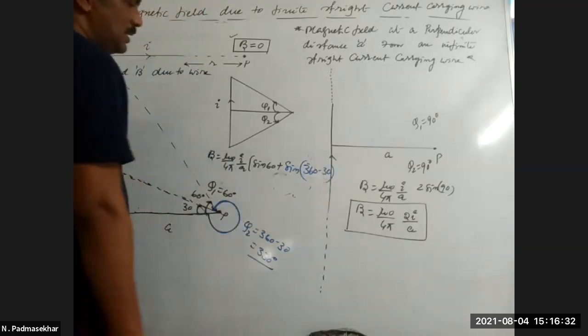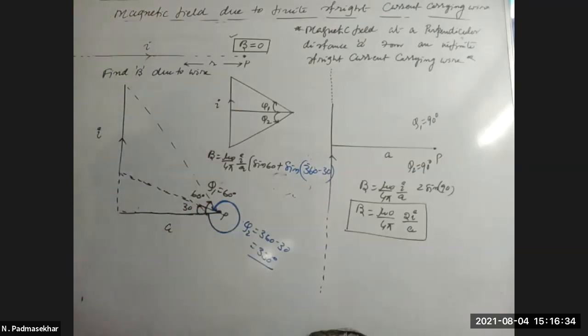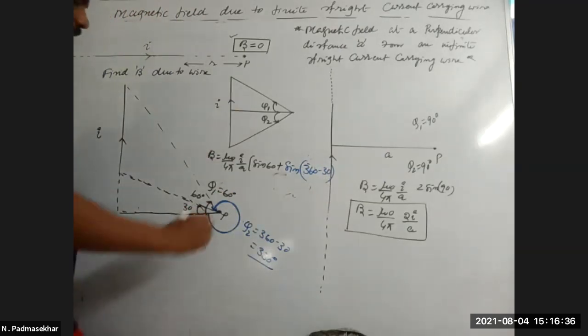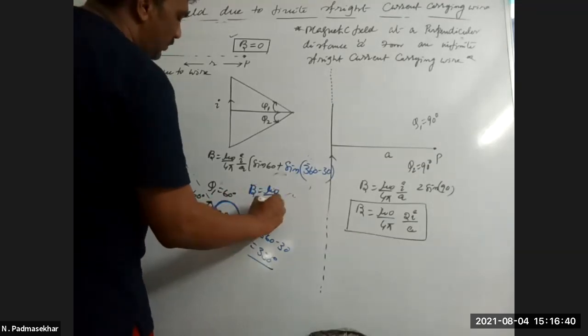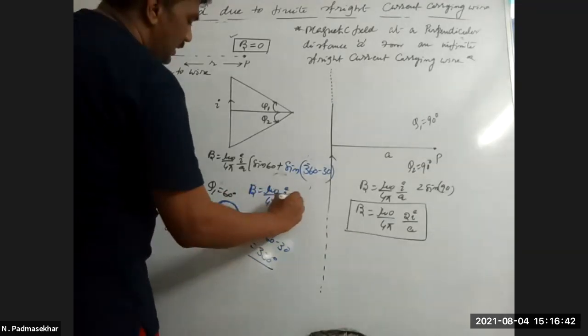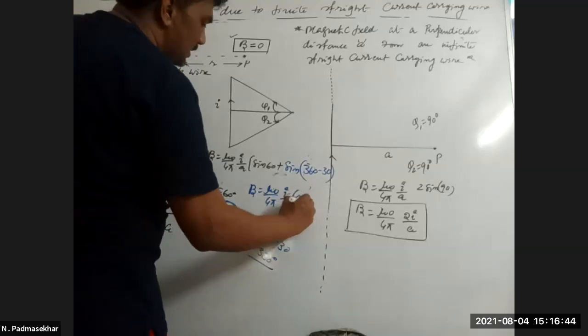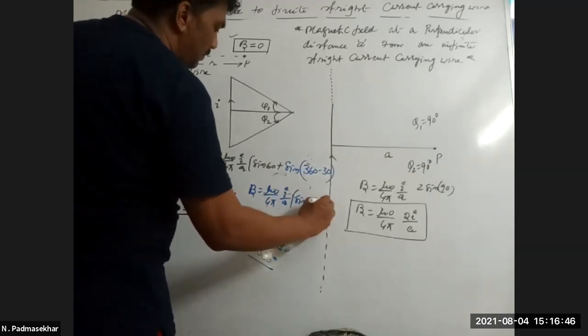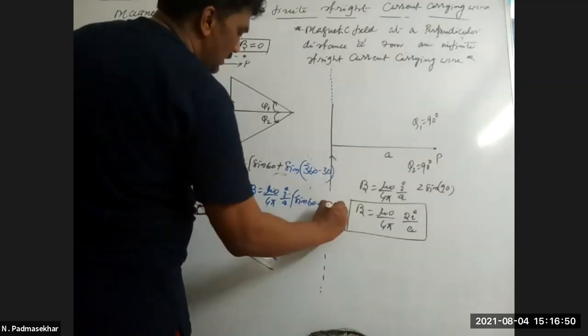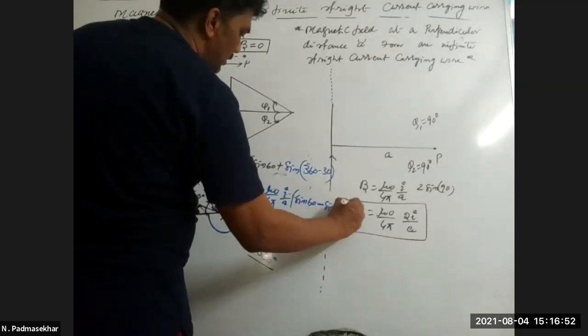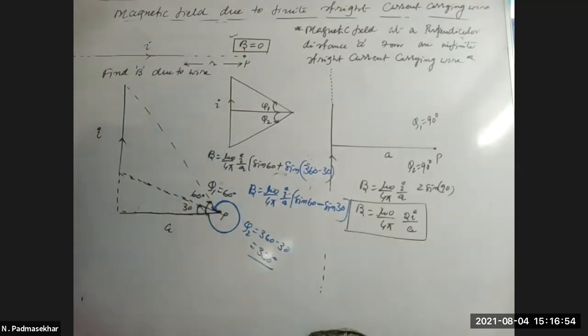Sin 360 minus 30 is minus sin 30. So B is equal to mu naught by 4 pi, I by A, into sin 60 minus sin 30.